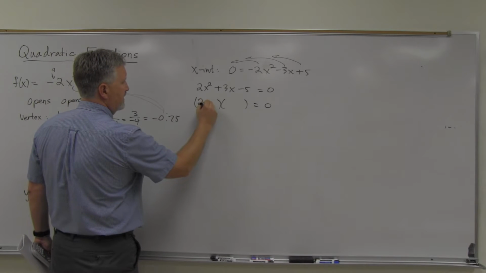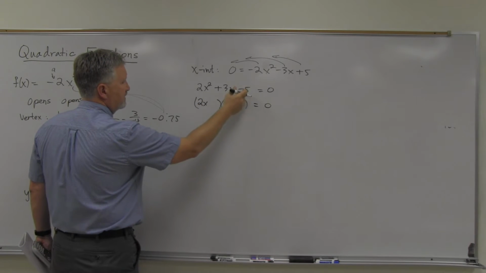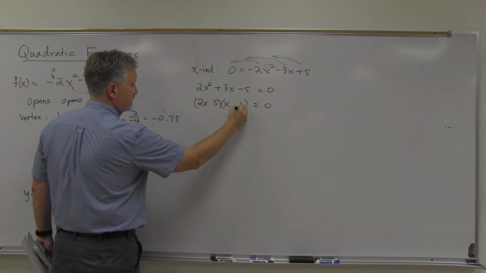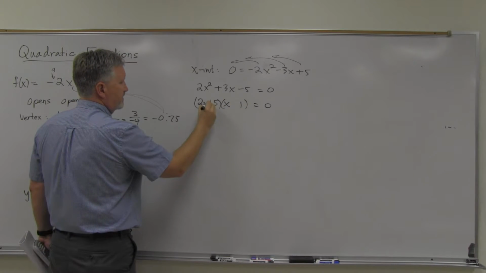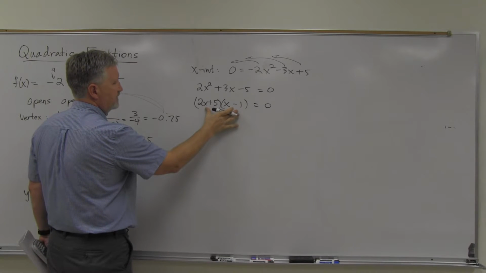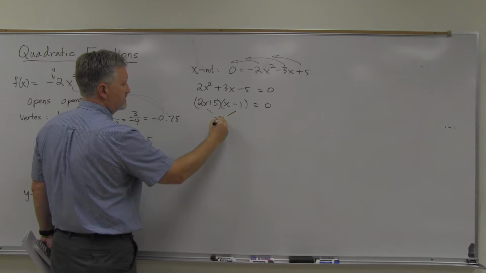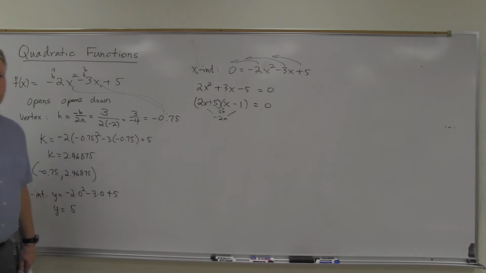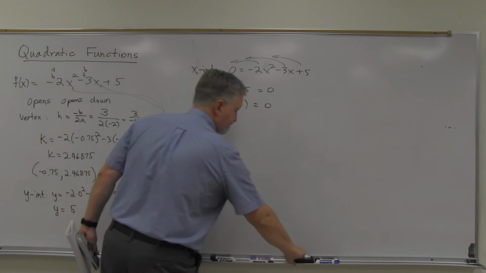Let's see, 2x, x. Then you got minus 5, so that's 5 and 1. I believe the 5 goes here and the 1 goes here. And it's a plus 5 and a minus 1 because that'll give me minus 2x, and that's positive 5x. So you add those, you got 3x. Okay?